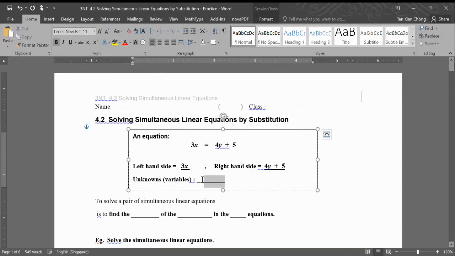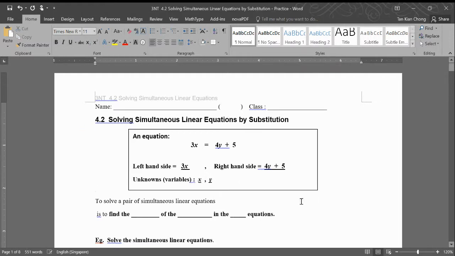The unknowns, or you can also call them the variables, are basically x and y. So there are two unknowns. There are two variables in this equation.